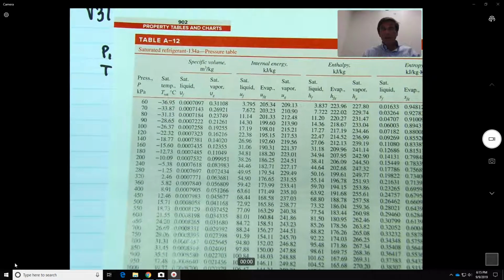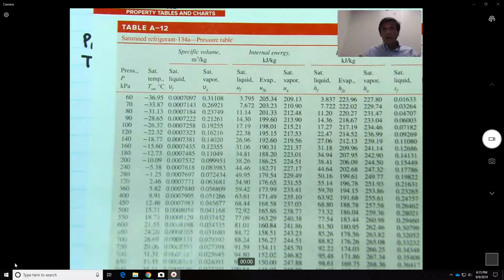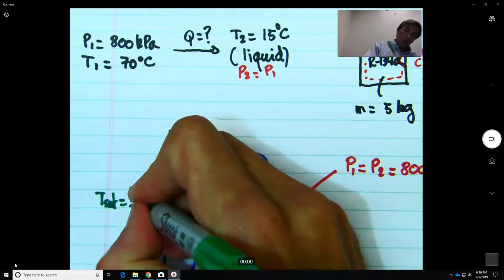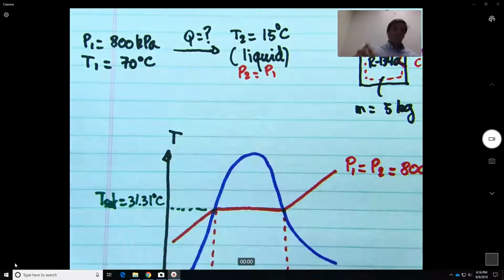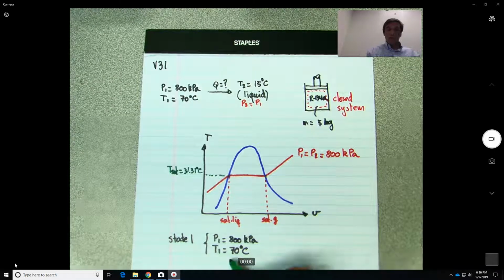Let's see if it's clear or not. We have that the T saturation is 31.31 degrees Celsius. Okay, and what do we know from the problem statement? We know that T1 equals 70.